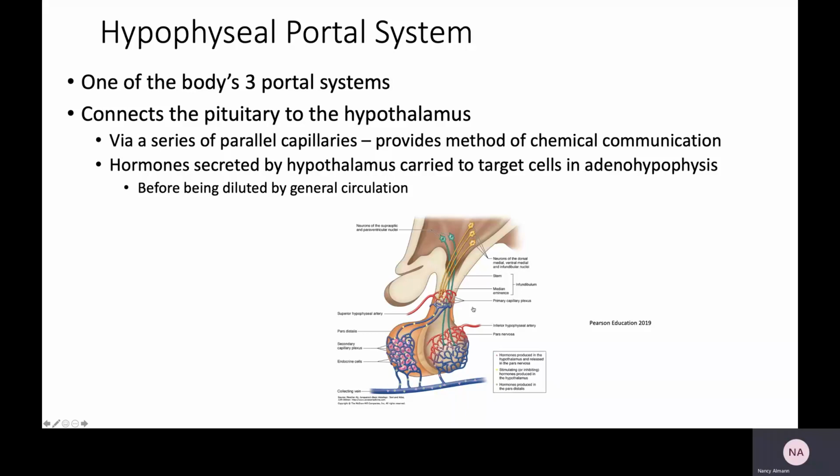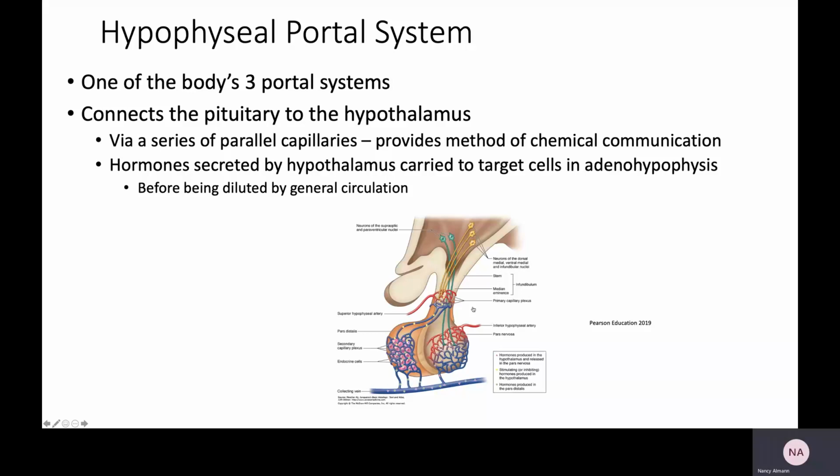The hypophysial portal system is going to be important because it's actually connecting the hypothalamus and the pituitary together. It's a series of parallel capillaries, which is going to provide the blood vessels that we need in order to get the hormones from the hypothalamus to the anterior pituitary quickly and efficiently.